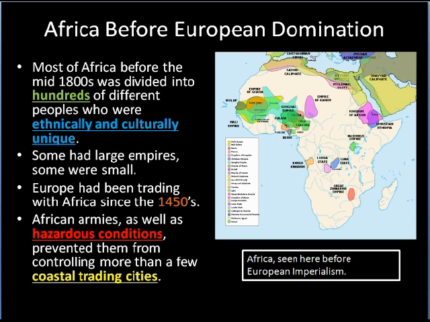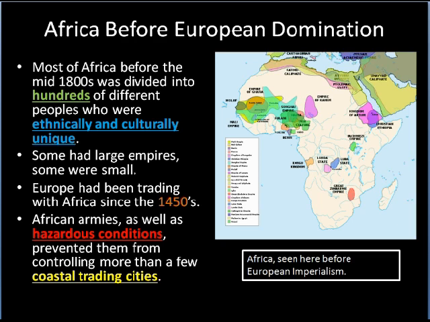They may not have necessarily had the plate armor that Europeans may have had, but they certainly would outnumber them if they were just coming by ship, which would generally be the case. Okay, so most Europeans really did not have much more than coastal trading cities previous to the 1800s. Okay, so that's really what Africa's like before European domination.